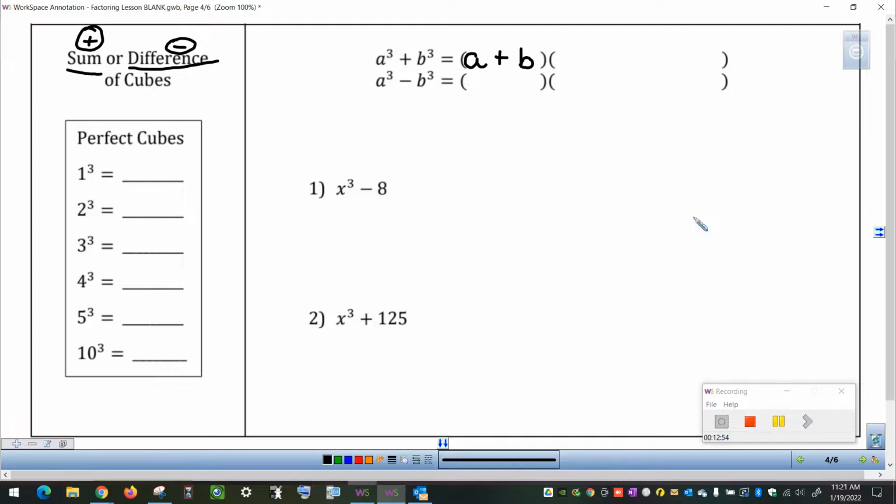And notice how the symbol is the same. So in that first parentheses, it's the same plus sign as we had originally. Now let's talk about the trinomial part. That is going to start with a squared. Then we're going to subtract a times b. And then at the end here, we're going to add b squared.